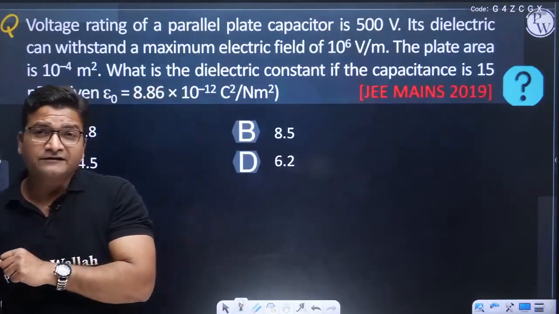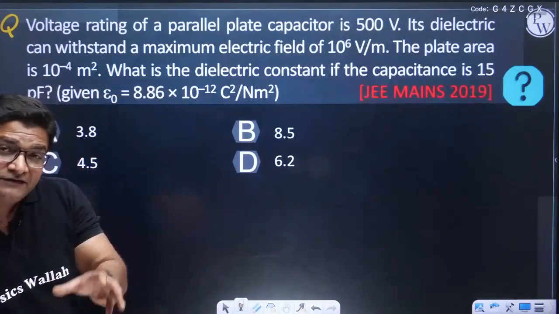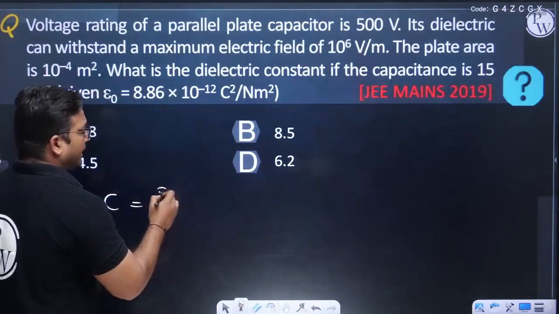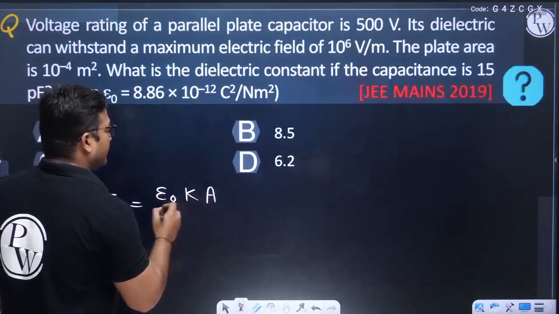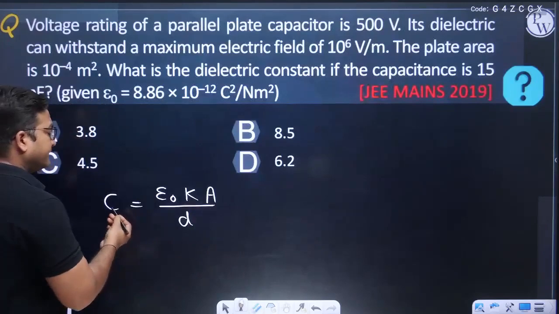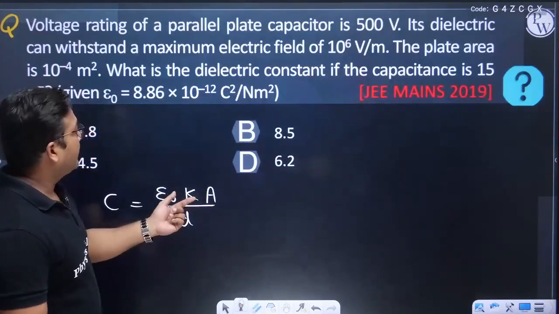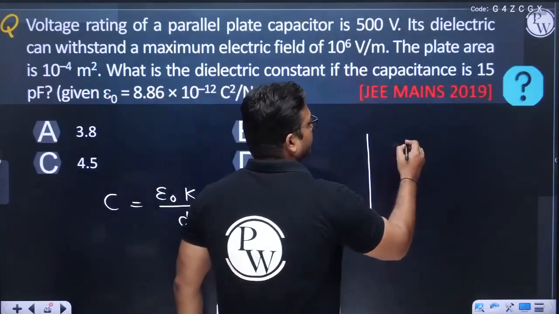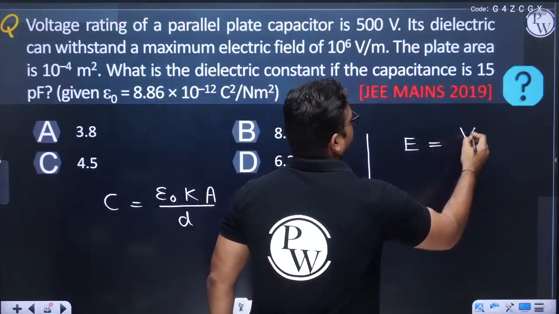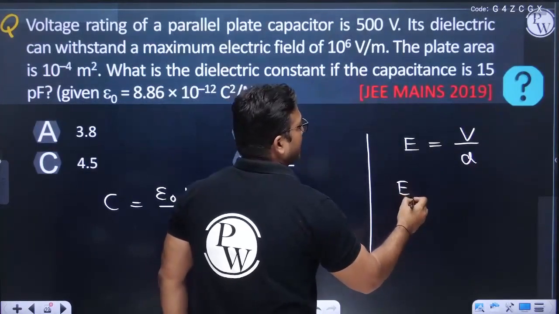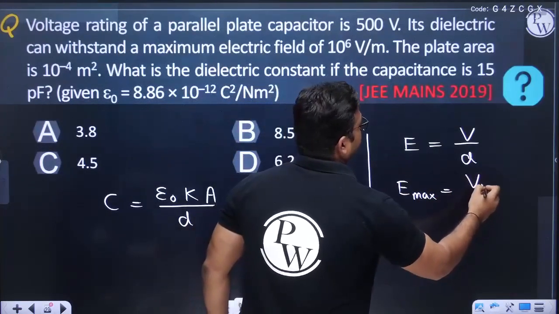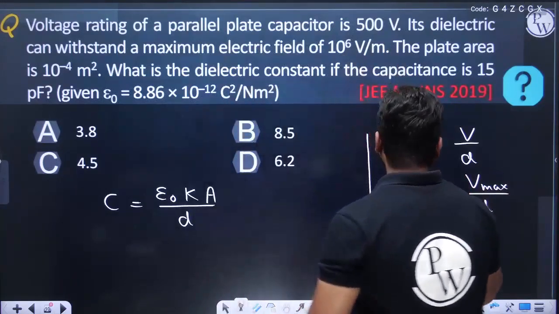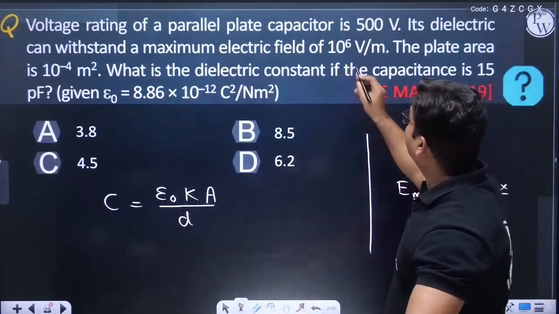The plate area is given. What is the dielectric constant? They are asking you for the dielectric constant if the capacitance is 15 picofarad. Okay, so as you know, capacitance is given by epsilon naught K A by D. Here you are given C, epsilon naught, area, and they are asking K, so let's find D. And as you know, the electric field inside the capacitor is V by D. So obviously E max will be equal to V max divided by D. V max they are saying is 500, and the maximum electric field is actually the dielectric strength, which is 10 to the power 6.